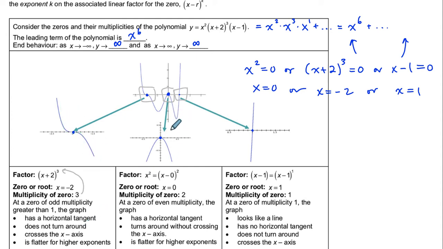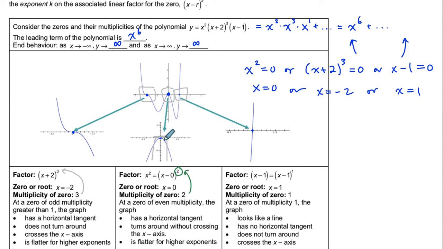In the case of x equal to 0, or the x squared factor, the multiplicity is 2 here. And at a zero of even multiplicity, so 2, 4, 6, 8, etc., the graph has a horizontal tangent, so the graph looks like it's flattening out, but not as much as it did over here. And if we have an exponent of 4, or a multiplicity of 4, the graph would be even flatter.